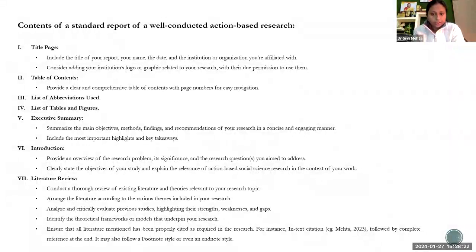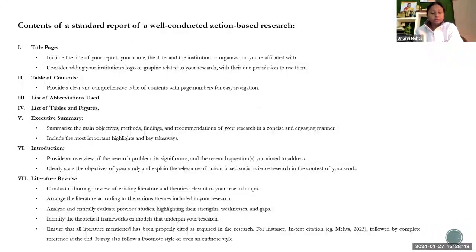Again, you should ideally arrange the literature according to various themes. If possible, you may critically evaluate the previous studies and especially identify the gaps or weaknesses that you feel are there, and how your study is going to address those gaps.